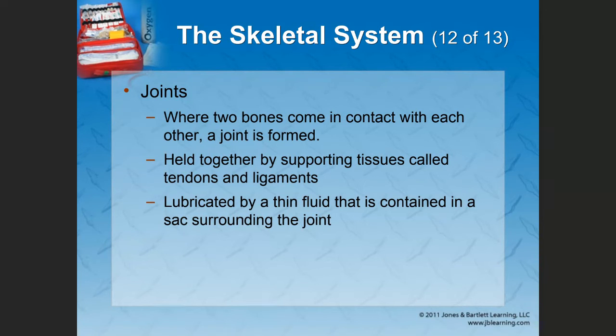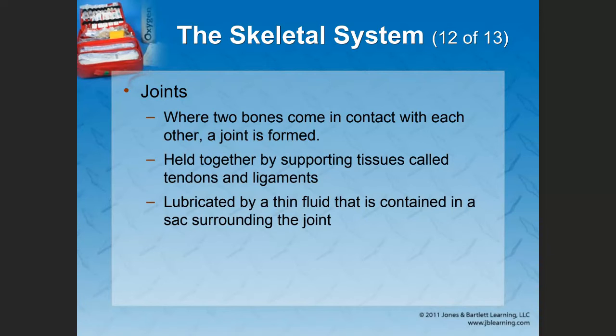Joints that have free movement, like the shoulder joint. Joints that have limited motion, like the elbow joint. And joints that have no motion, like the pelvic joint and the joints in the skull.